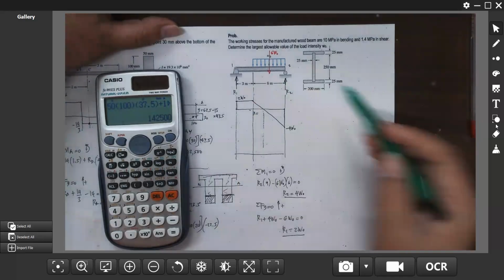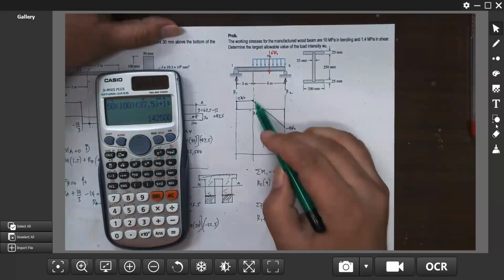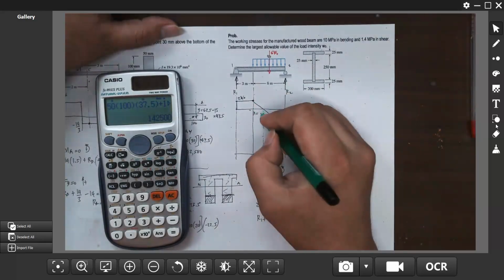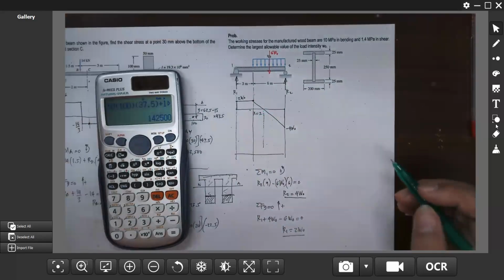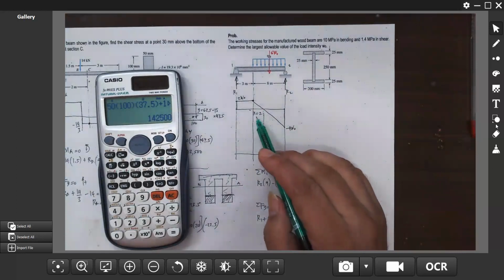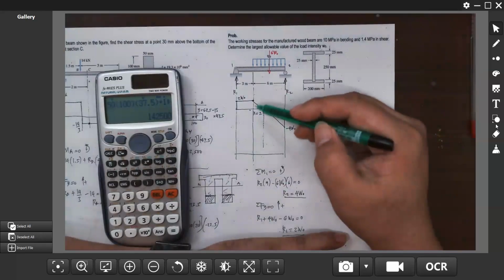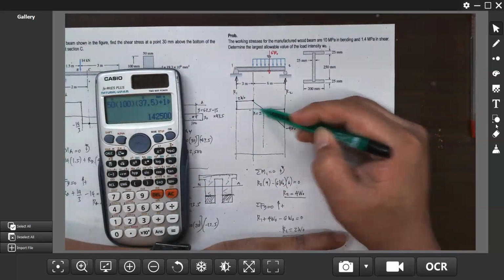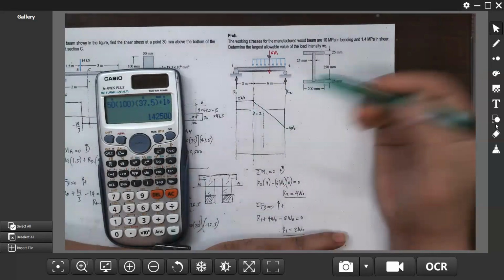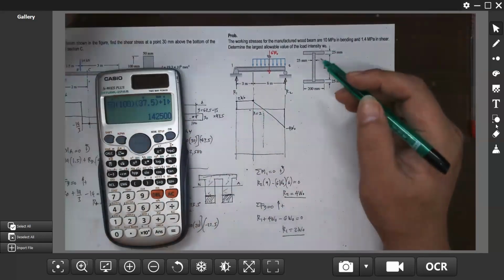My shortcut for X: 2W sub O divided by the uniform load W sub O, so 2. If you want to make sure, or if you doubt my style, you can do ratio and proportion. 2W sub O is to X as 4W sub O is to 6 minus X. And you will also get X equals 2.